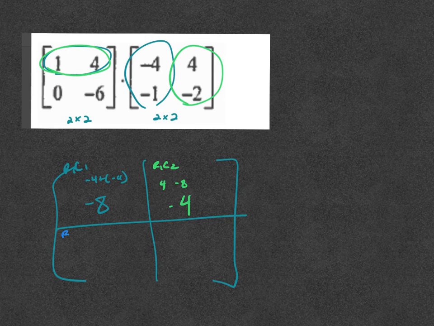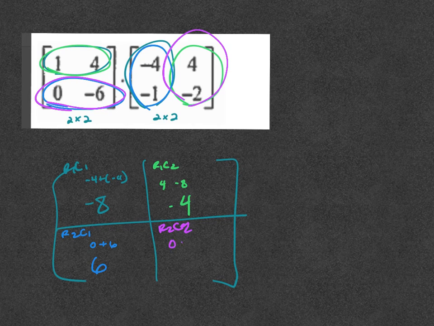Then row 2, column 1, 0 plus 6, which is 6. And row 2, column 2, 0 plus 12, which is 12. So it would be 0 plus negative 6 times negative 2, which is why it's positive 12. So negative 8, negative 4, 6, and 12.